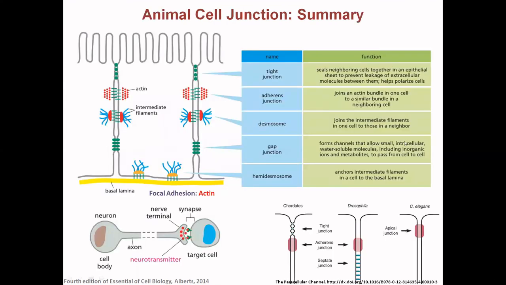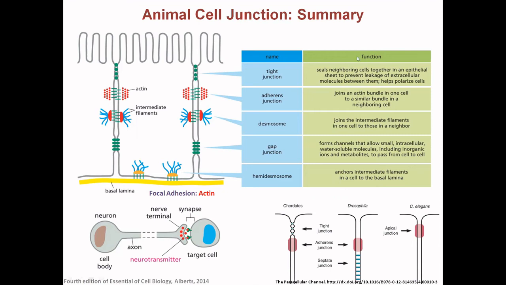So whatever junctions we have discussed till now are summarized here. These are tight junctions. They seal neighboring cells so that nothing can pass across, and they give polarity to the epithelium, the apical surface and the basal surface.